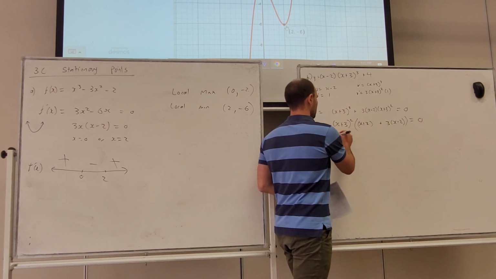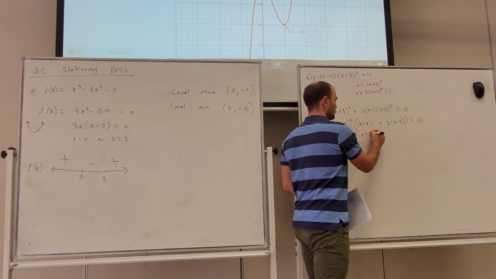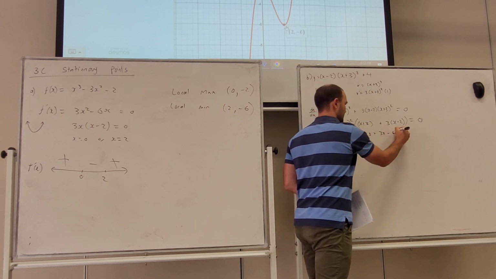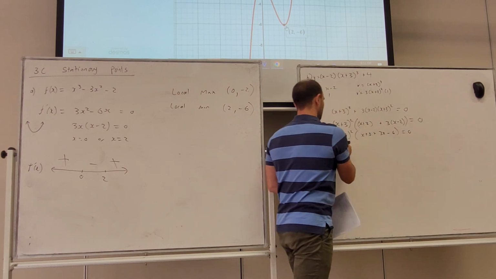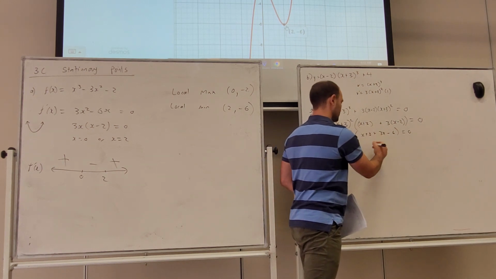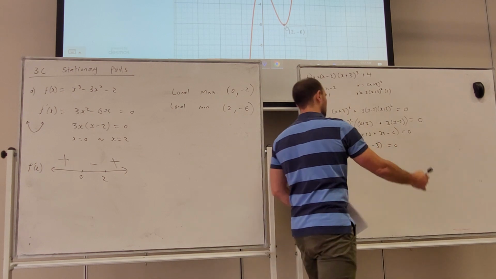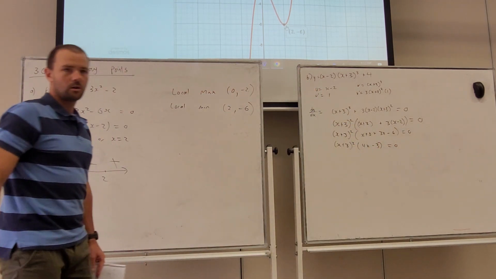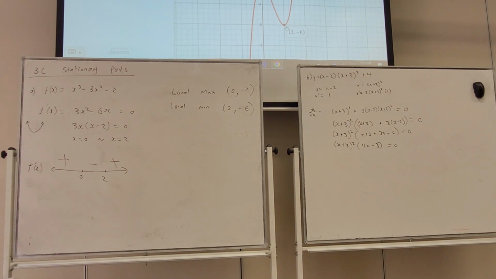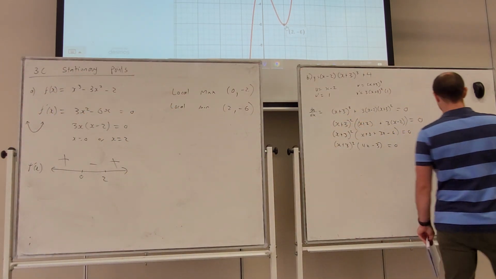So I'm just focusing on the middle bracket now. I've got x plus 3 plus 3x take 6, and just collect that. So what's that? 4x. 3 take 6, 4x take 3. Alright, so we can establish the zeros from the roots of the sign diagram from this.